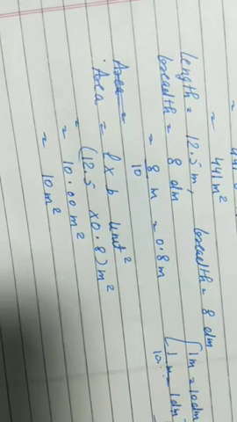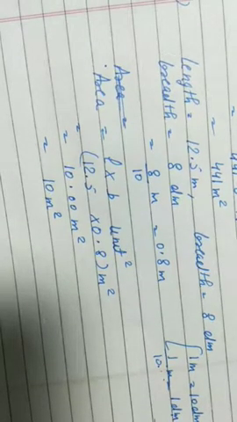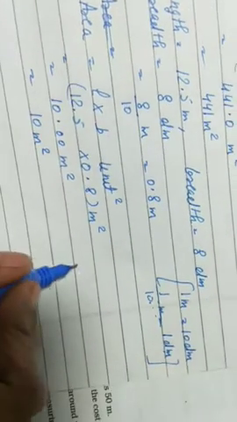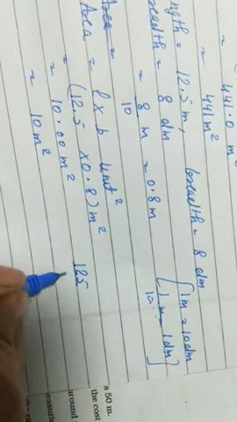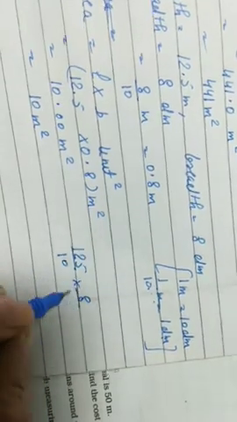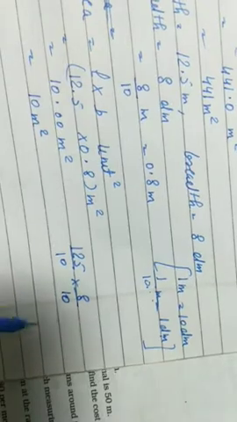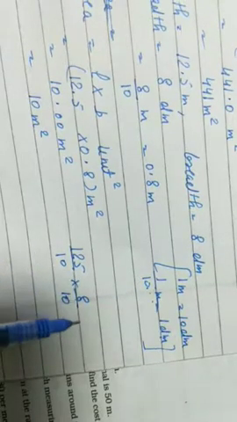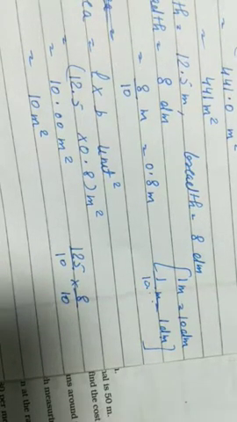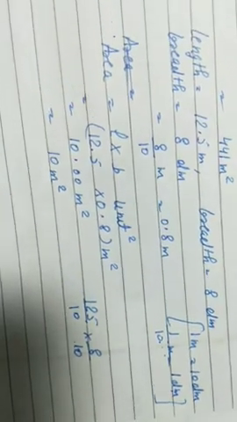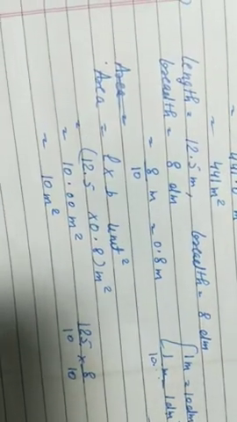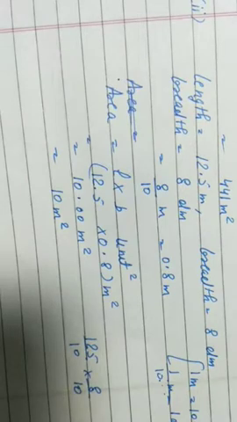Okay class? Yes, tell me, here it is 10 or 100. See how to multiply 125 by 10 into 8 by 10. 125 into 8 is 1000. Then 1000 by 100, how much? 10 meter square.